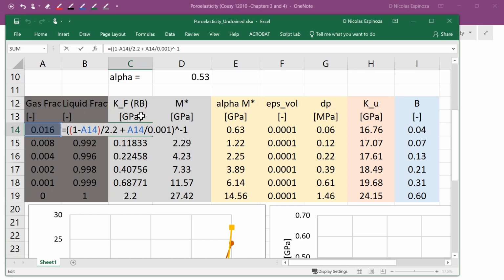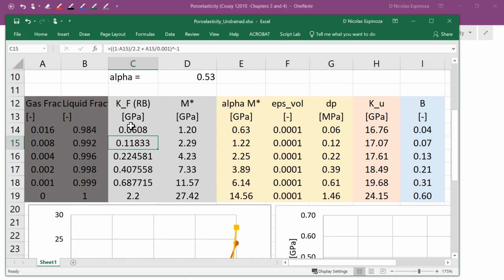So here, using the Reuss lower bound for the bulk modulus, I get the bulk modulus of the fluid, which is also going to be a mixture. And what we see very clearly is that the bulk modulus of the fluid increases significantly as we approach a liquid fraction close to 1.